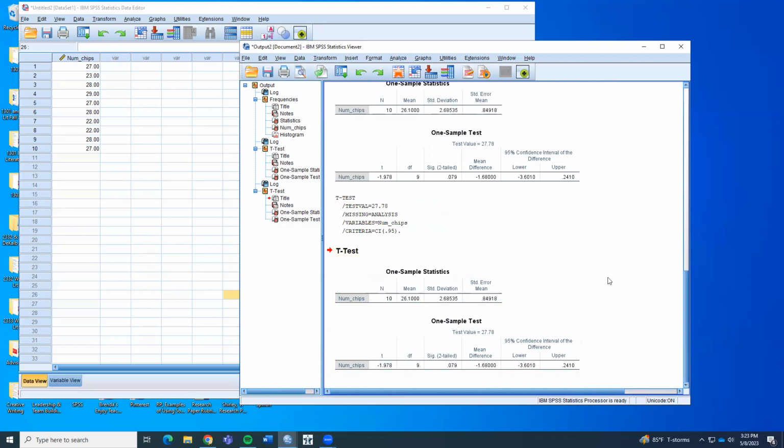And now we have our data, and we can arrive at step number 6, which is interpreting the data. The first step in interpreting the results is to determine if the null hypothesis should be rejected.